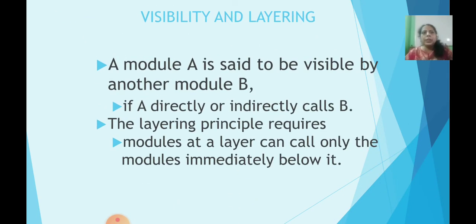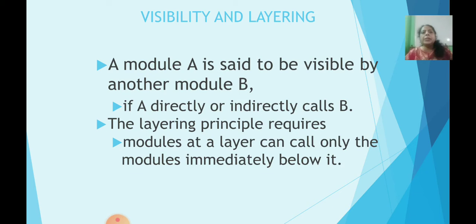Then visibility and layering. A module A is said to be visible to another module B if A directly or indirectly calls B, meaning A can access B directly or indirectly.